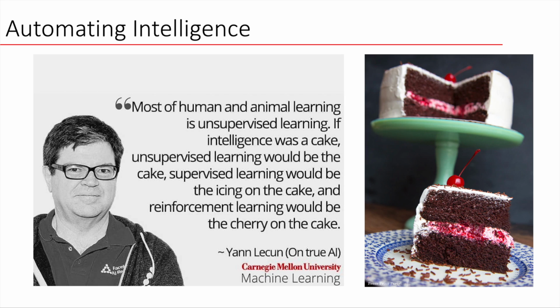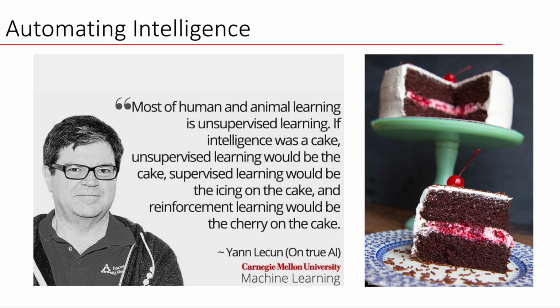Just to show you how important this type of learning is, here is a pioneer of AI, Yann LeCun, who basically phrases it like this. Most of human and animal learning is in fact unsupervised learning. If intelligence was a cake, unsupervised learning would be the cake.